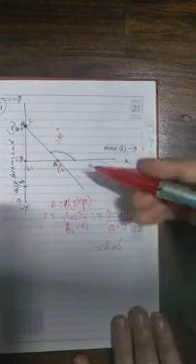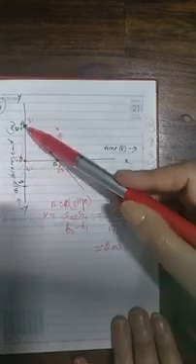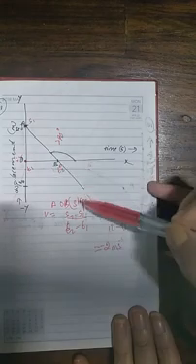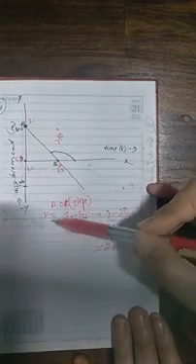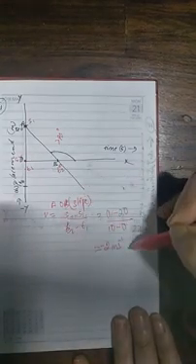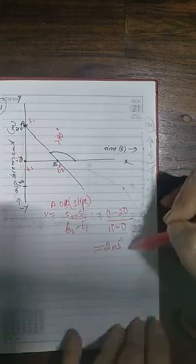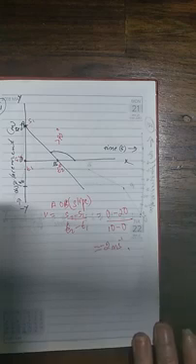So from this type of graph, a slope like this, not an increasing slope but a decreasing type of slope, shows that the velocity of an object is negative. It is decreasing continuously, and it can be said that the velocity of an object is negative.